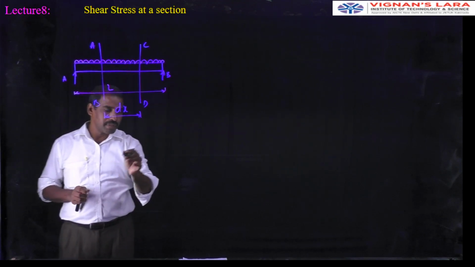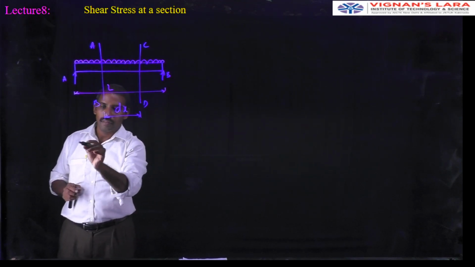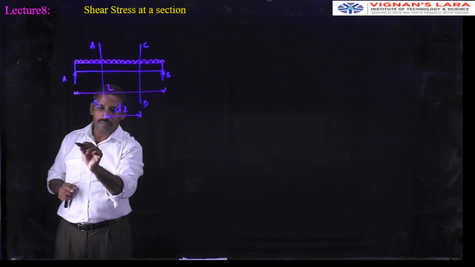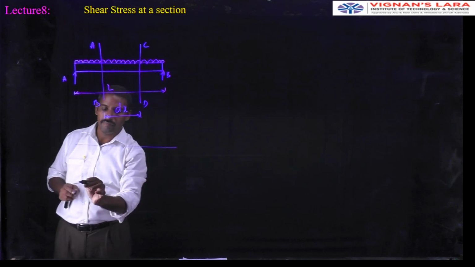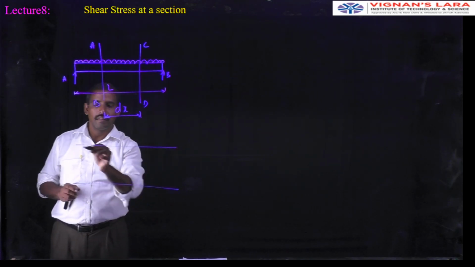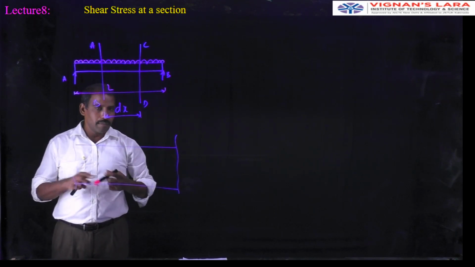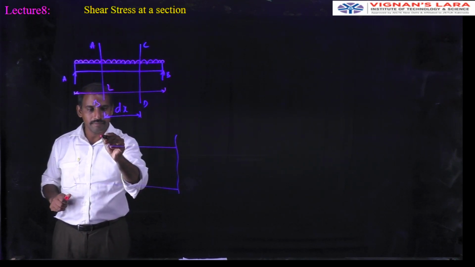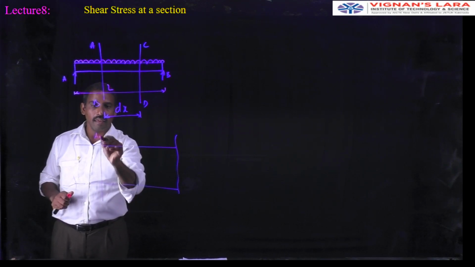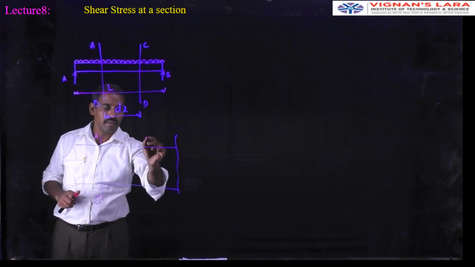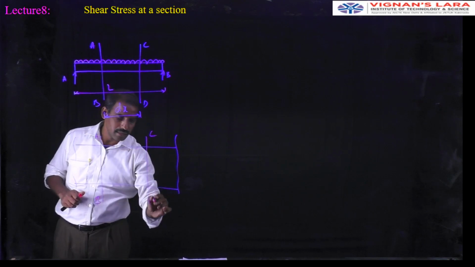It will be represented in a larger view. Say this is the beam, and this is the cross section. So a part, simply this is section AB. This is section CD.